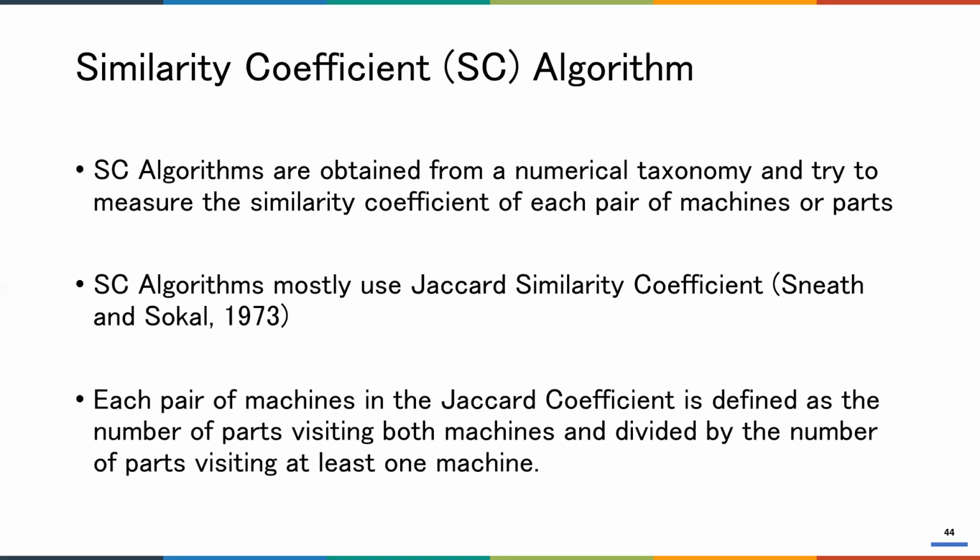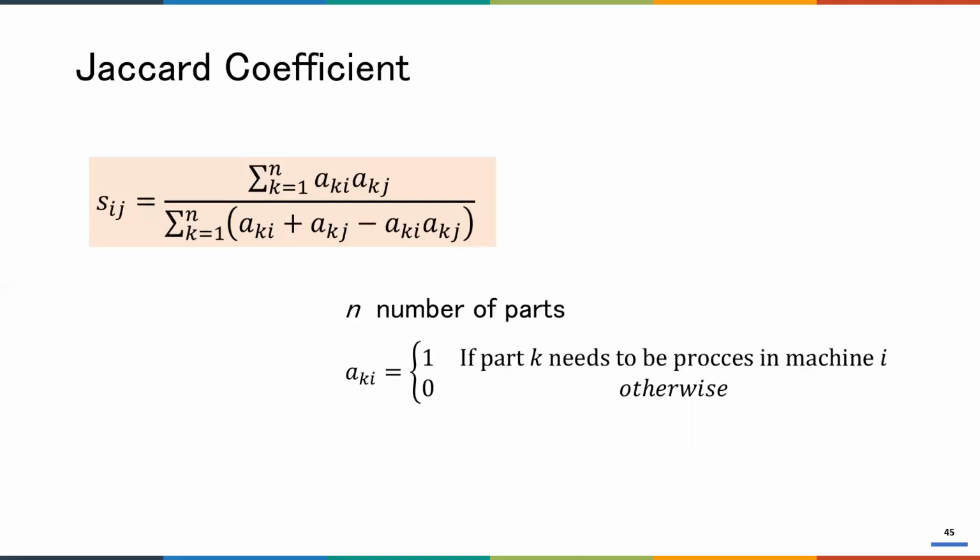So basically for each pair of machines, we will try to make a pair and calculate the value for each pair to understand whether this machine pair should be grouped together or not.